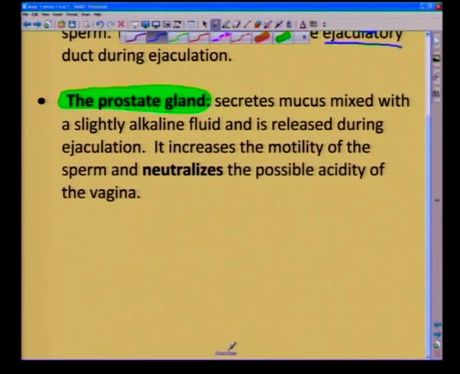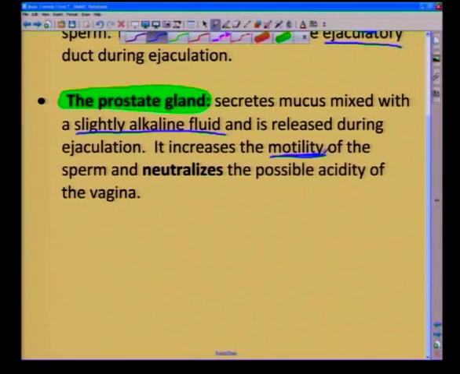All right, then we move on to the prostate gland, and what the prostate gland does is it secretes mucus mixed with a slightly alkaline fluid as well, and it's released during ejaculation. Now what it does is it increases the motility, which is the ability to move, the motility of the sperm, but the most important function of the prostate gland's fluid is that it neutralizes any possible acidity in the vagina.